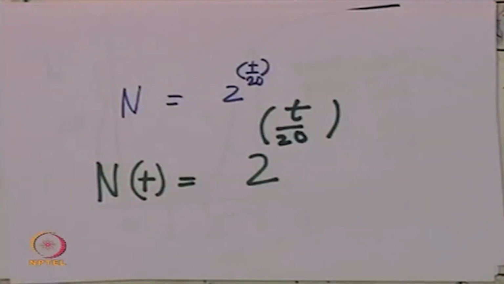This is the kind of function which we discussed last time, the number function for the bacterial growth. Knowing t, you can calculate this function. For example, let us take t equal to 200 minutes. After 200 minutes, how many bacteria would be there?